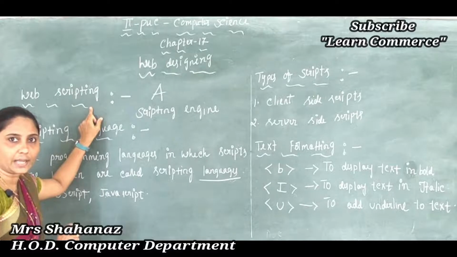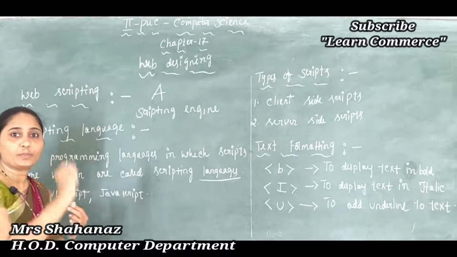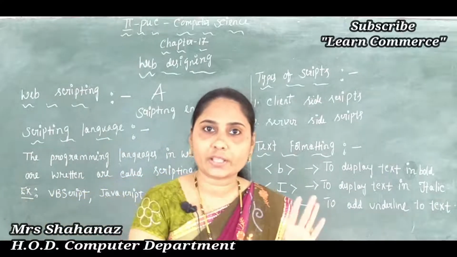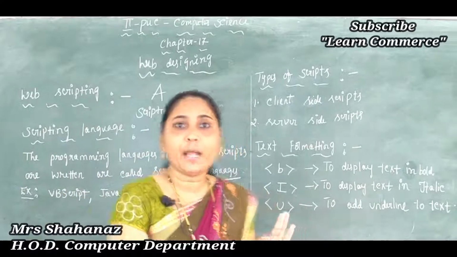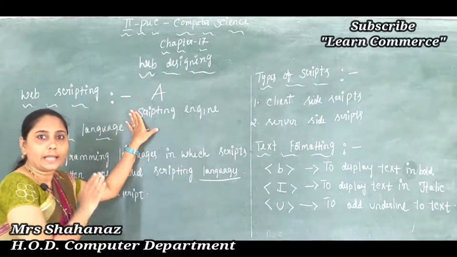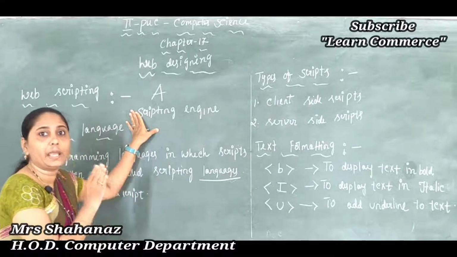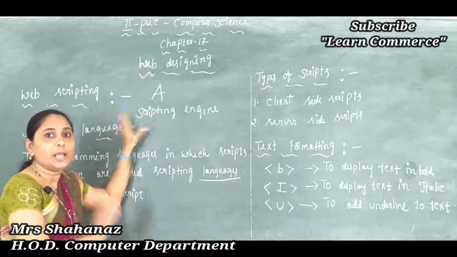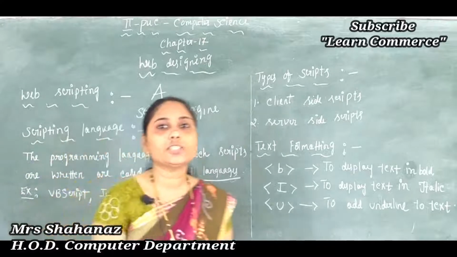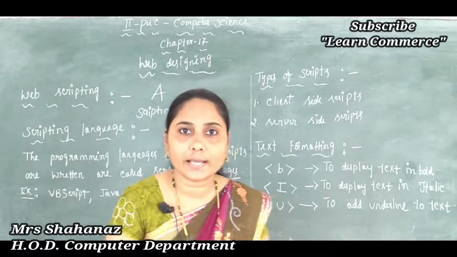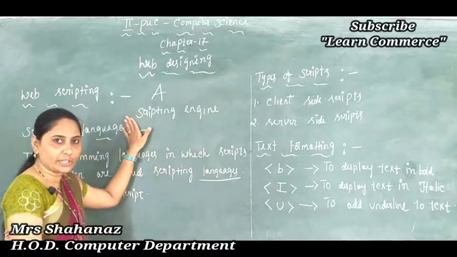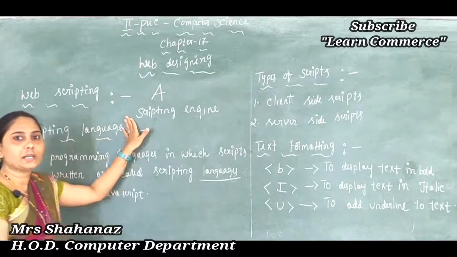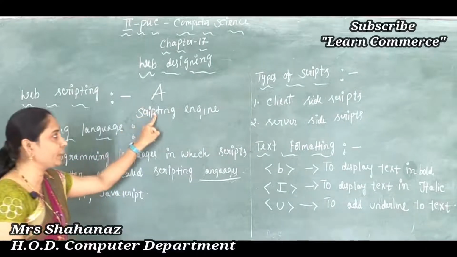So the meaning of web scripting, from the first step to the end, is till the execution of the program. A computer script is a list of commands that are embedded in a web page, and after adding we do some processing, which is called interpretation. Later, when I want to execute such a web page, I use a certain program called the scripting engine.